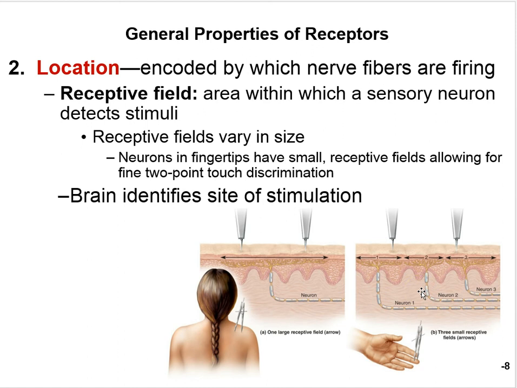Some areas have small receptive fields, such as our fingertips, to be able to do fine two-point touch discrimination, and some areas have a larger receptive field. Areas that don't need the receptors so close together, that don't need the fine two-point touch discrimination.